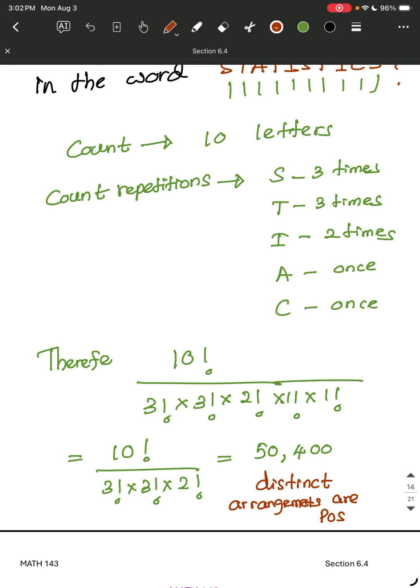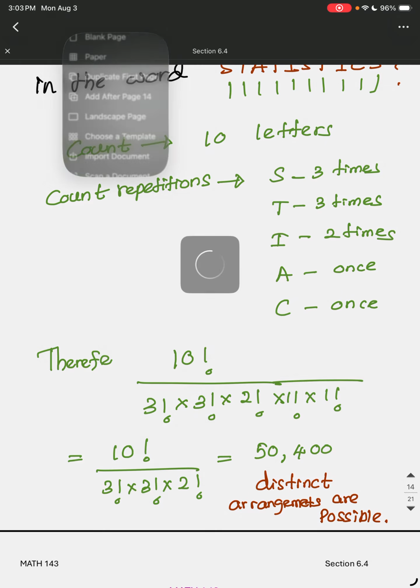Right? Okay, next example. The word balloon. How many distinct arrangements? The word balloon has 7 letters.